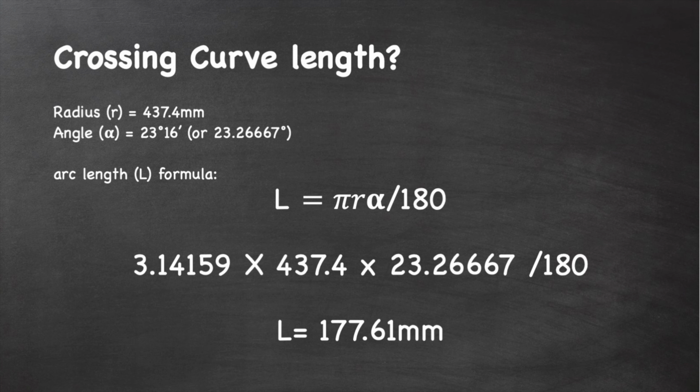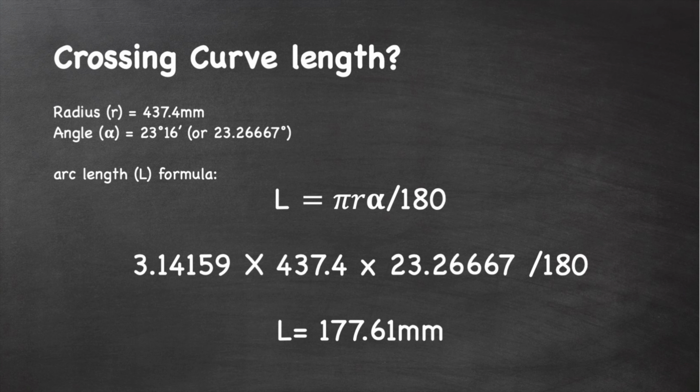It's pi times 437.4 times 23.26667 divided by 180. And this gives us an arc length of 177.61 millimeters. The crossing curve is indeed shorter than the turnout curve, which is how it should be.